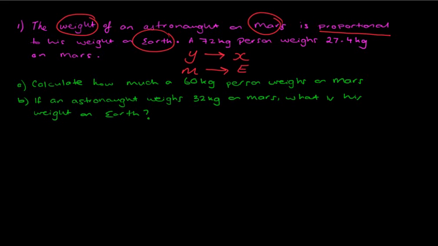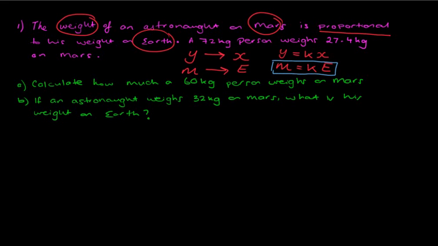So straight away, I know that my formula should look something like this. We know it's y equals kx, but we're using M for the y, and we're using E for the x. Now you might say, well, why is that really important to write down? The issue is in a little while we'll be substituting some numbers for y and for x, like we do with the equation of a straight line.